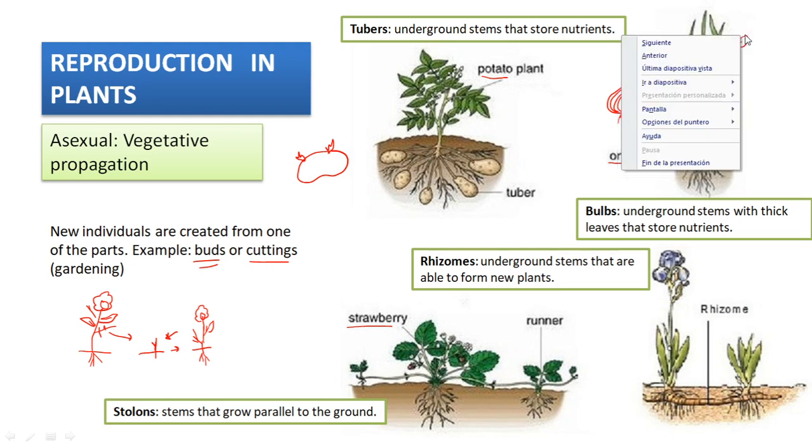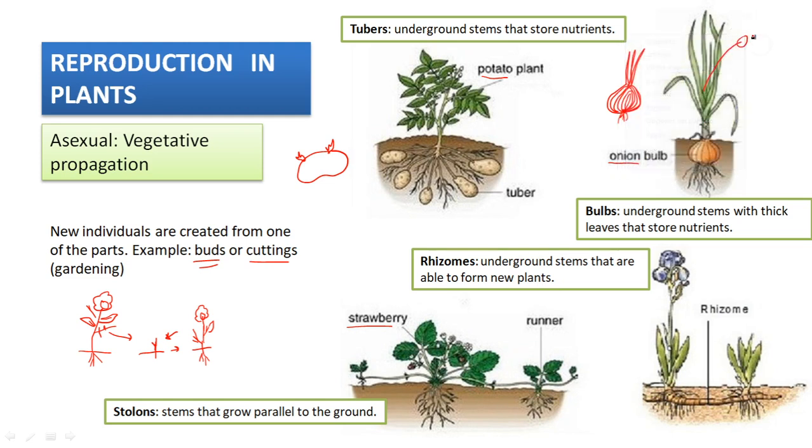It's not very beautiful, but it's a flower, and it produces seeds that you can use to plant a new onion. Right, so this is a way of reproduction, a sexual reproduction, the bulbs.